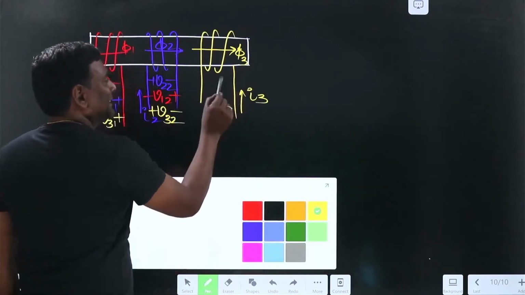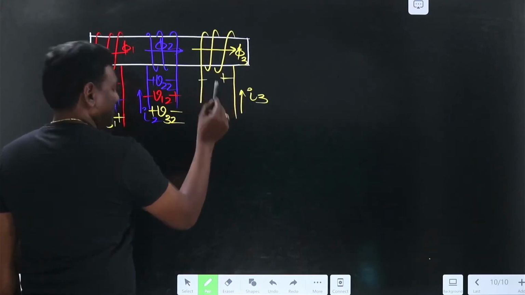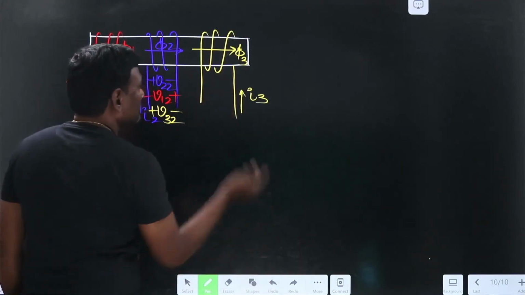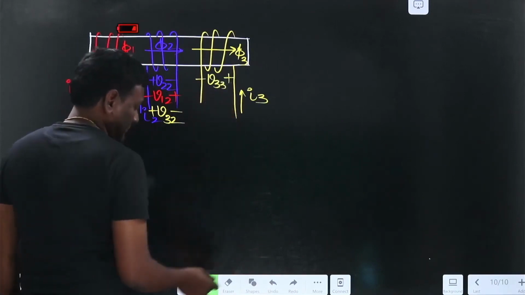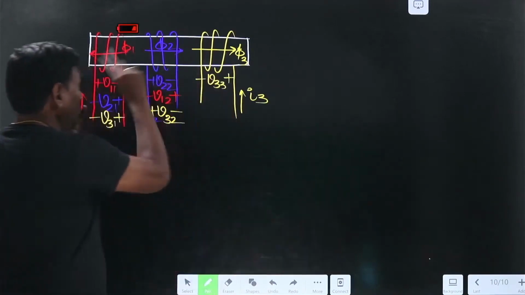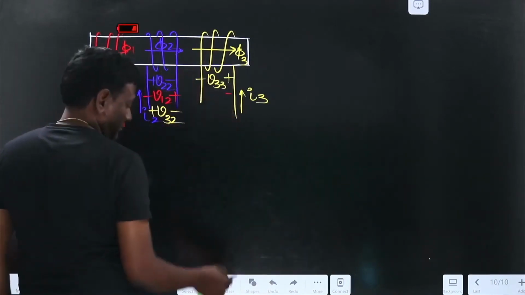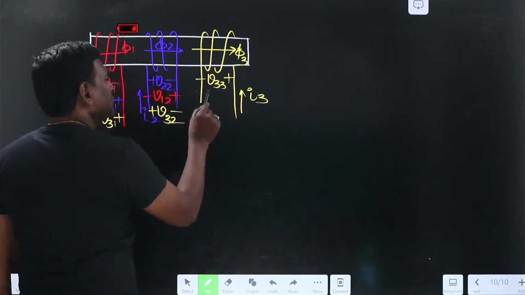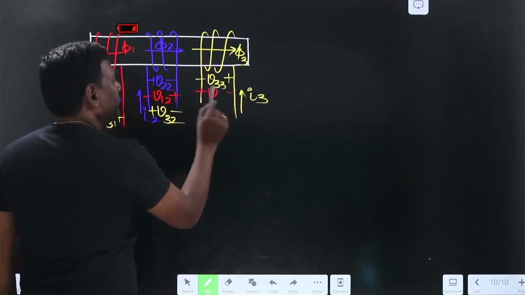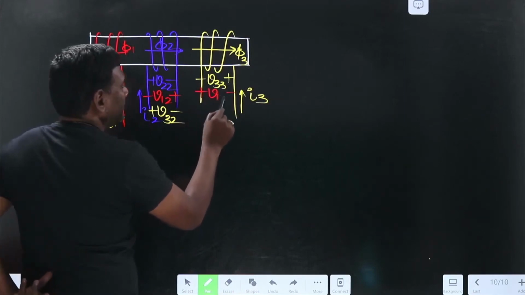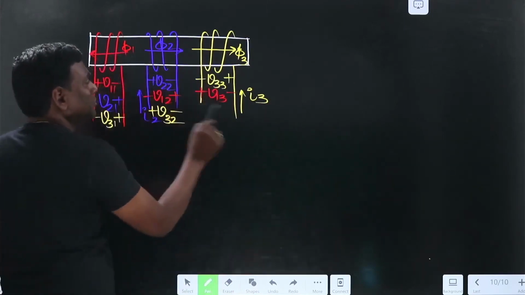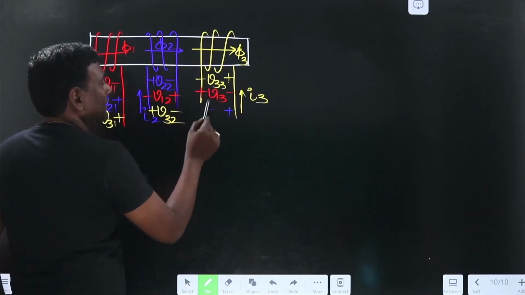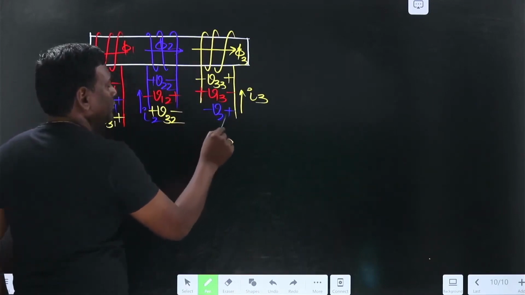Because of self I3, plus minus V33, and because of red both are in opposite direction, so plus minus V because of 1 in 3, and blue these are in the same direction, so it should aid self. It is going to be V because of 2 in 3.